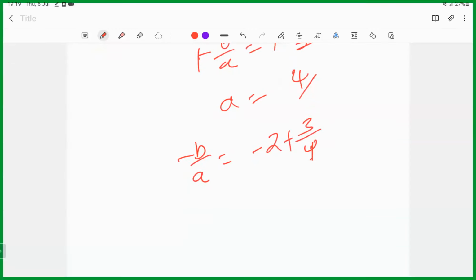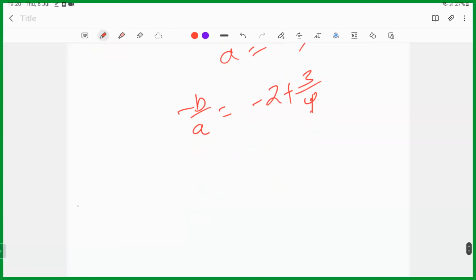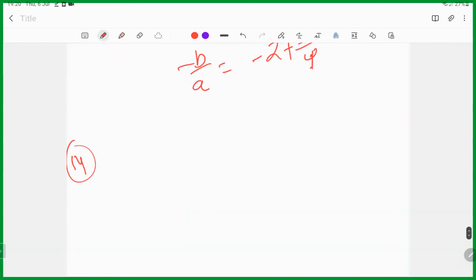Vijay, you are here? The next one, 14th. 14th is clear? If the roots of the equation are real, unequal, real and distinct, then prove that the other equation has no real roots. Not clear?